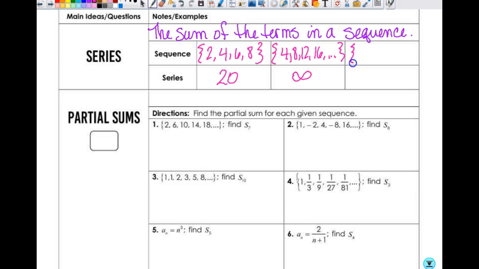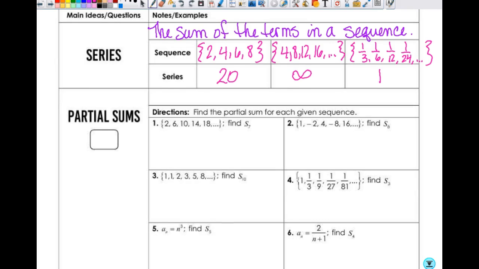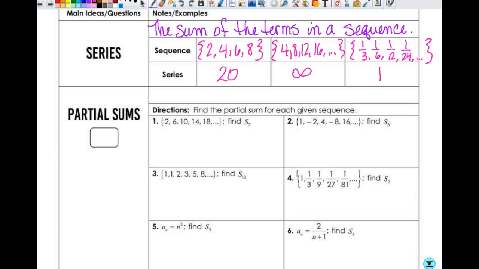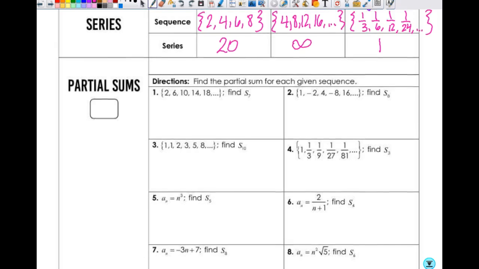If I give you 1/3, 1/6, 1/12, 1/24, and so on, that series is actually 1. We'll see why that happens a little later. Just take my word for it right now, even though it goes on to infinity. All right, so sequence, the terms listed out. Series is a sum. That's the main difference between the two.